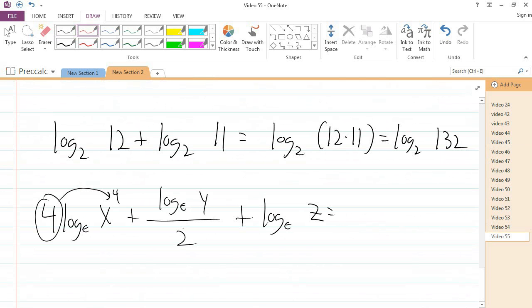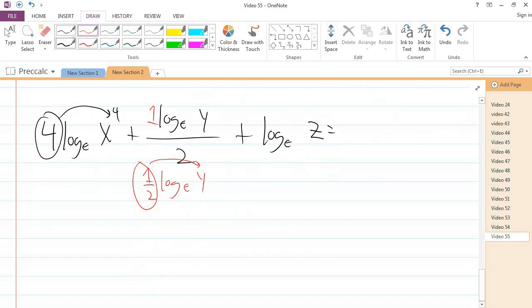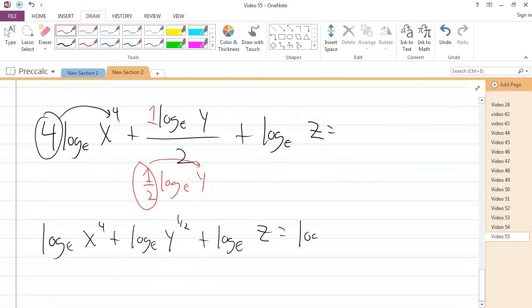This divided by 2 I can treat as a 1/2 multiplied in front of the log, and then take that 1/2 as an exponent, so that I get log of x to the 4th plus log of y to the 1/2 plus log of z. And then since all of these logs are added up, I can write them as a single log.